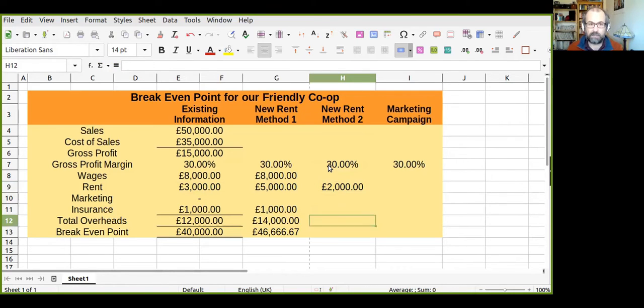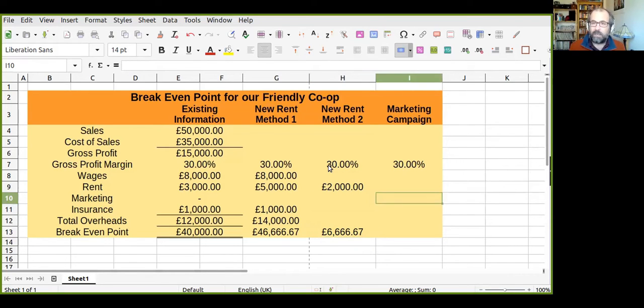What would be the break-even point on £2,000 at a gross profit margin of 30%? Well, it would be £2,000 divided by 30%. So we get £6,666.67 as the extra turnover that is required. We would then have to add it back to the existing break-even point.